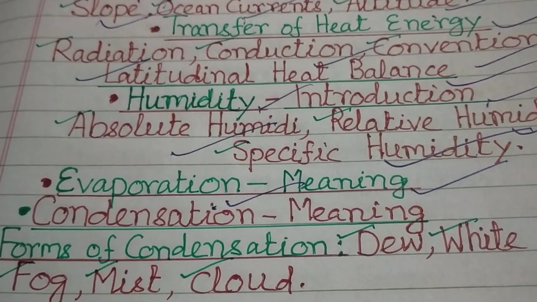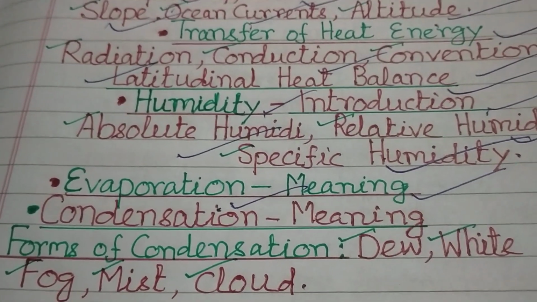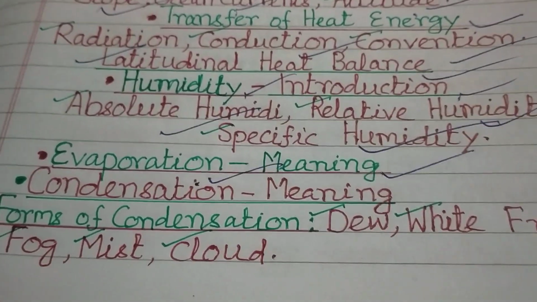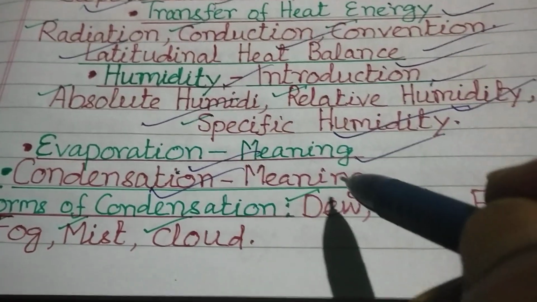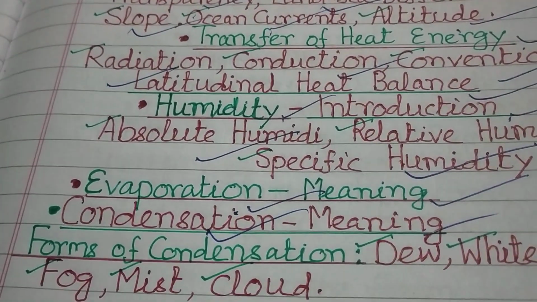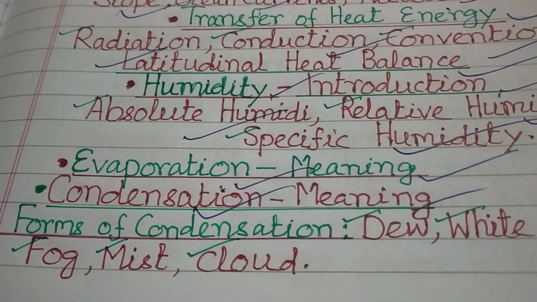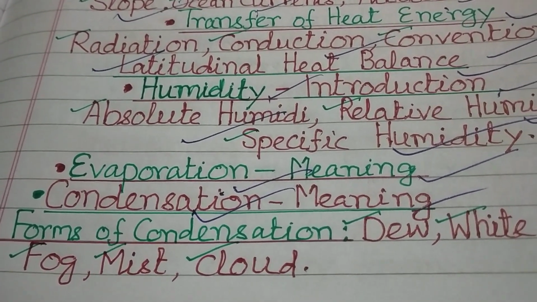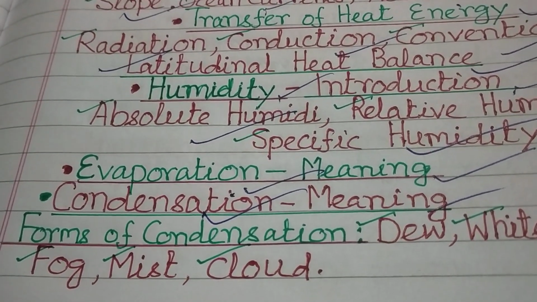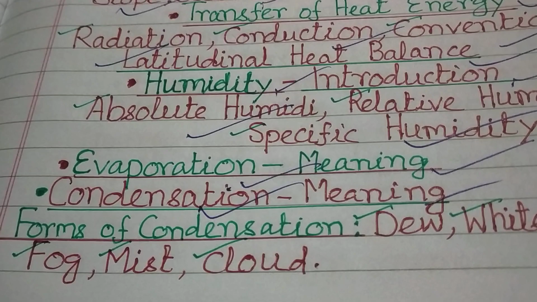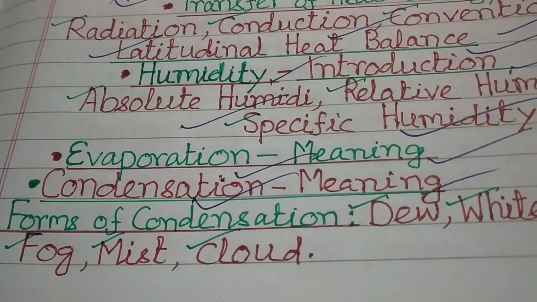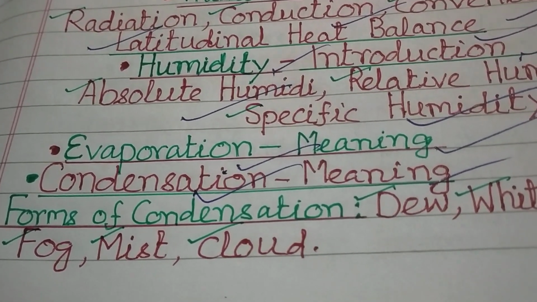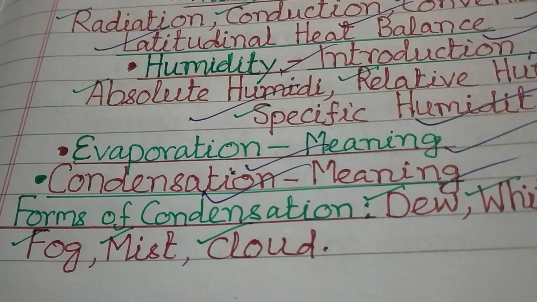The very meaning of condensation is the process of change of state from gaseous to liquid or solid state. When moist air is cooled, it may reach a level where its capacity to hold water vapor is exceeded by the actual amount present in it.